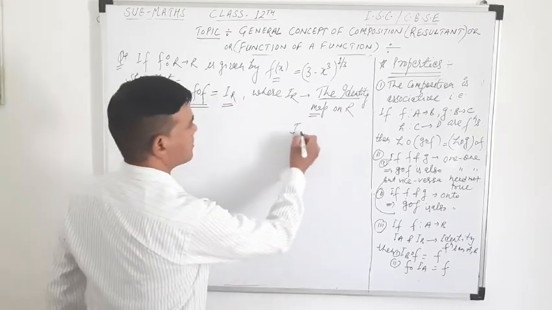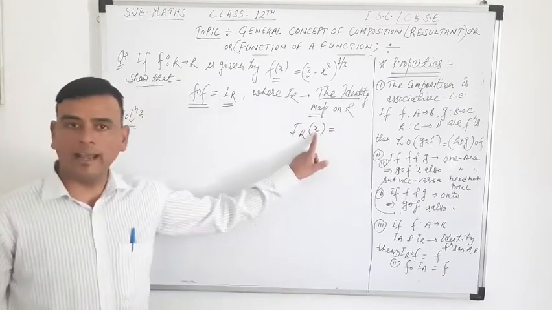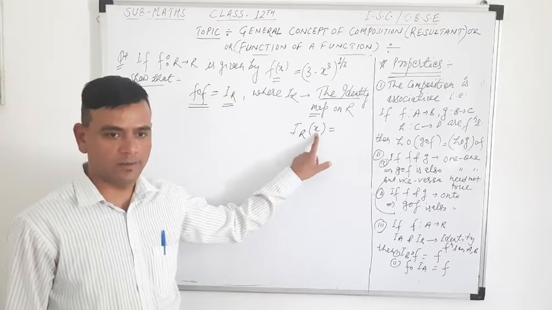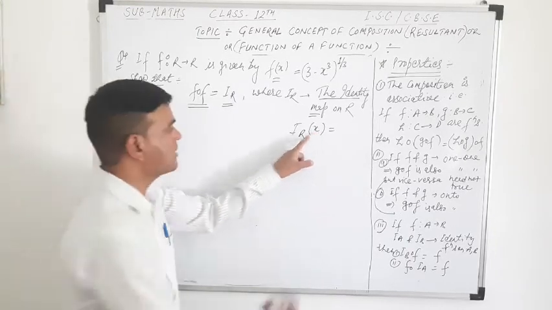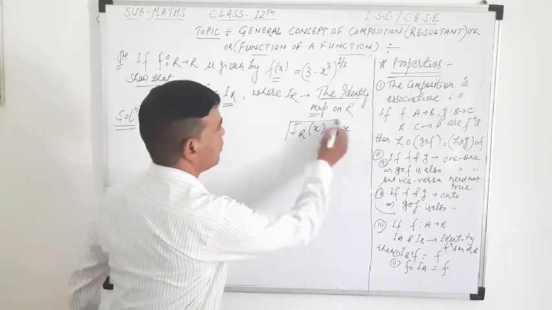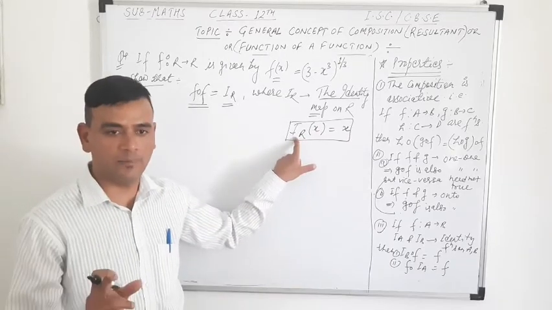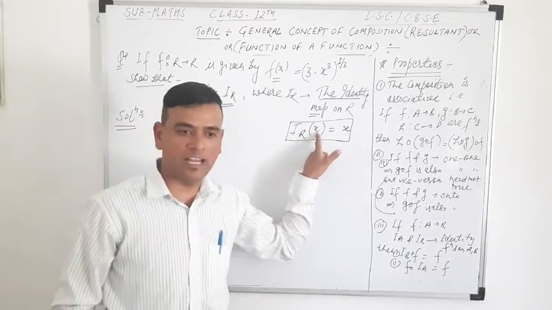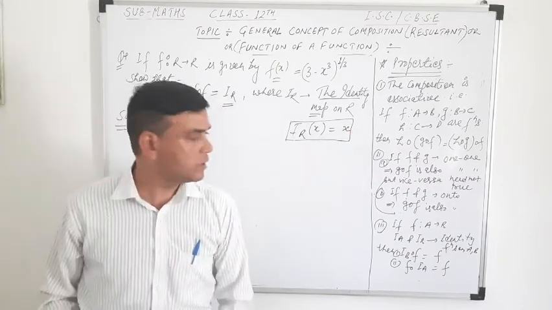Suppose x is any real number, then for the identity function the image of this x is x itself. In this condition you always say that I_R is an identity function if the image of any element is the element itself. This must be clear to you.